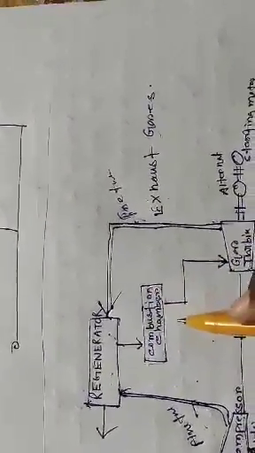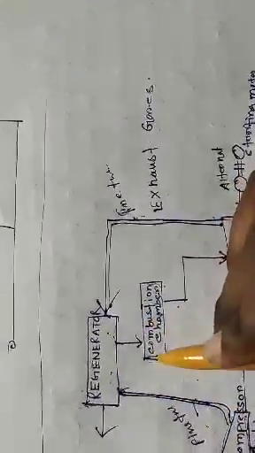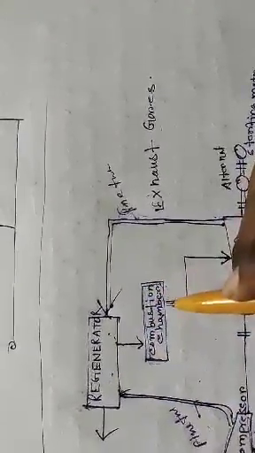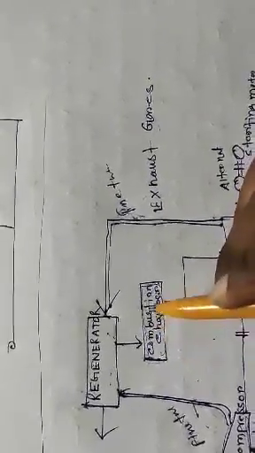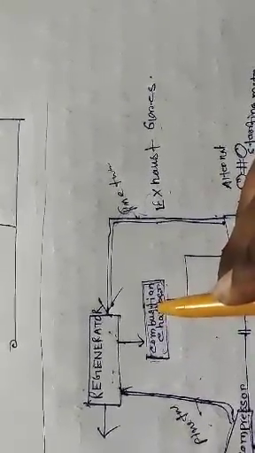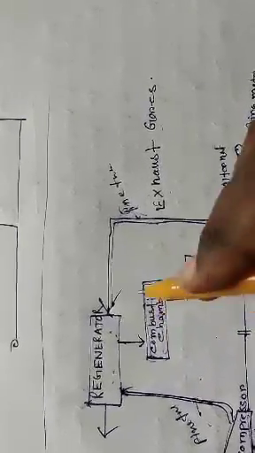Combustion chamber: after passing through the regenerator, hot compressed air enters the combustion chamber. In this combustion chamber, there are burners through which fuel is injected in the form of oil spray.